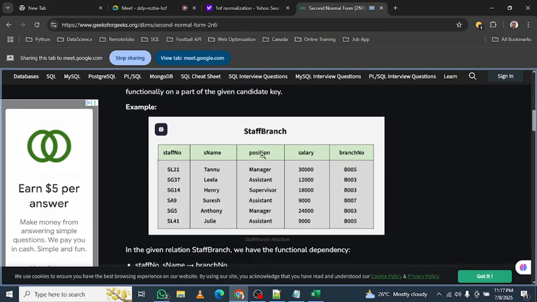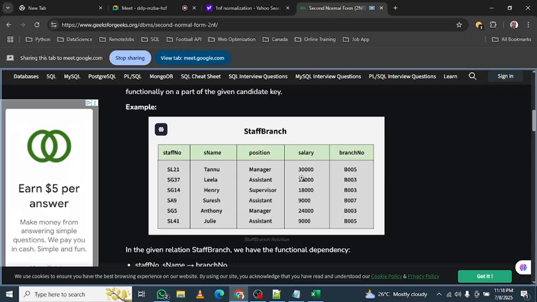Then if you look at these staff branches, can you see that when you are talking of staff of an organization, it's a staff number, staff name, position, salary, and then the branch. This branch is coming from another place, from another table.